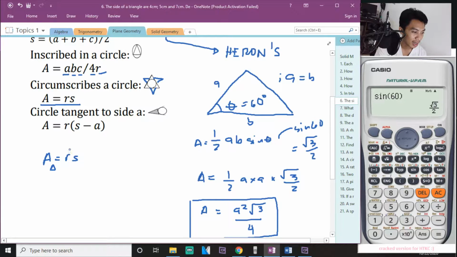R, circle. S is the semi-perimeter ng triangle kasi wala namang perimeter ang circle. Ang tawag doon is circumference. Okay, S is semi-perimeter.